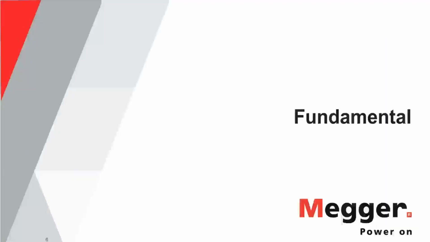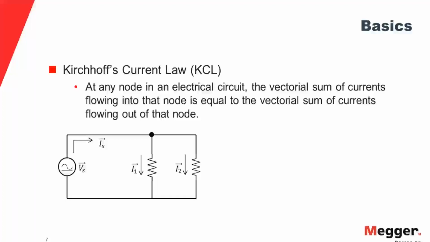So there are 3 sections. The first one is going to be about fundamentals. The whole idea of differential protection starts from Kirchhoff's current law. If you look at the circuit shown on the screen right now, you have a voltage source connected to 2 resistors which are in parallel, and you have the current IS flowing through the circuit from the voltage source. I can say that the current through resistor 1 is I1 and the current through resistor 2 is I2.